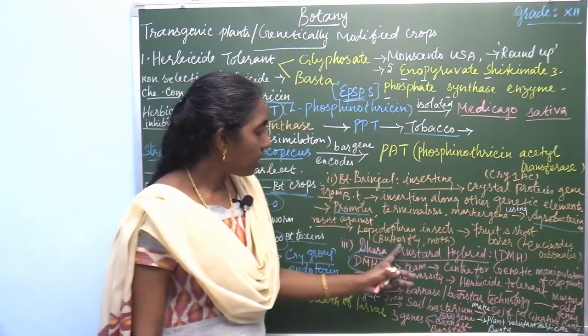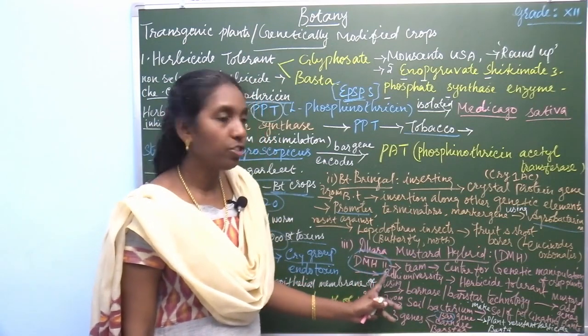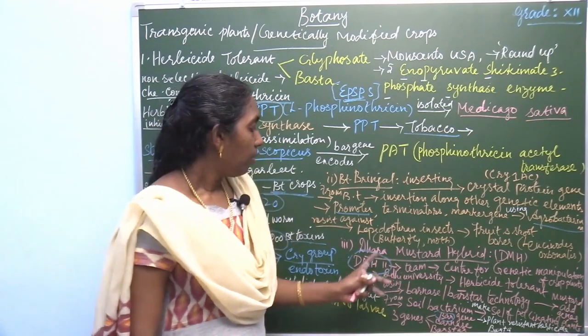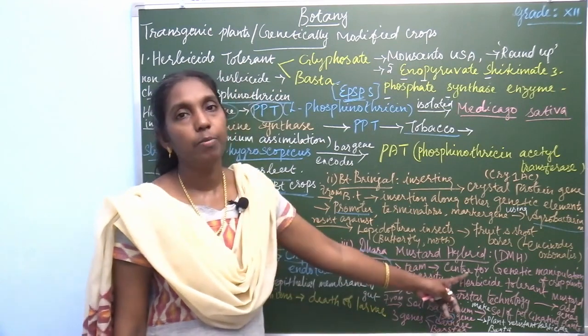So the name of the plant is the DMH11 mustard plant, Dhara Mustard Hybrid plant.